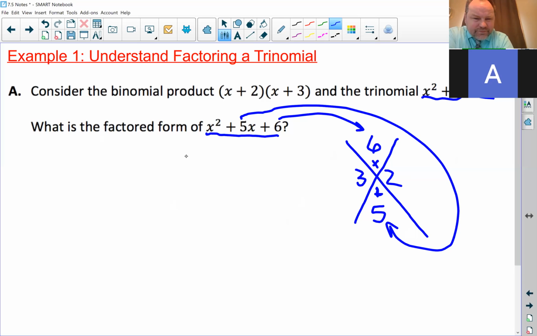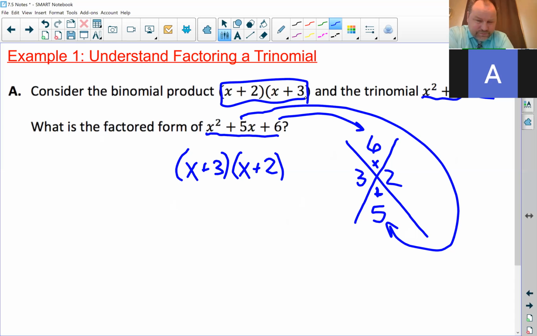Which means the factored form is x plus 3 times x plus 2, or that form that we had right up here. Again, the order doesn't matter. You could have x plus 2 times x plus 3 like we have in the problem there, or x plus 3 times x plus 2 like I wrote down here in blue, but that's the factored form.